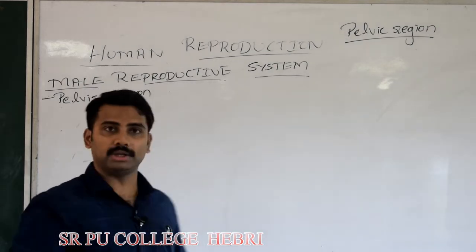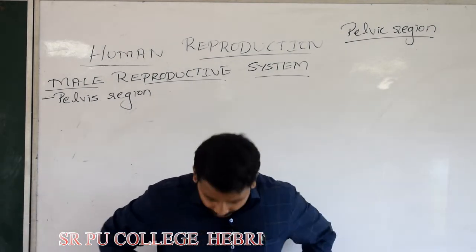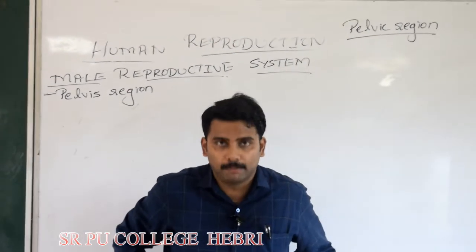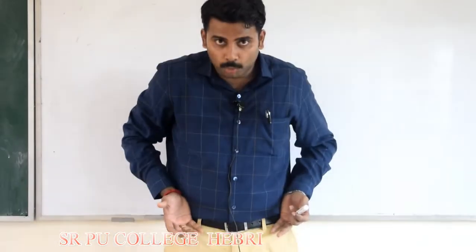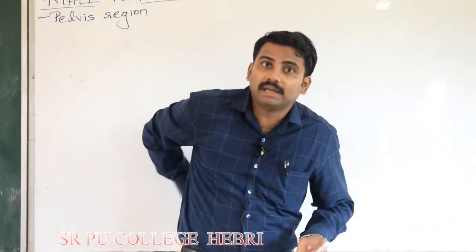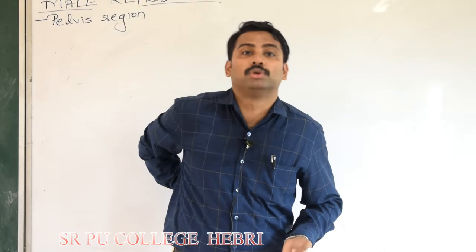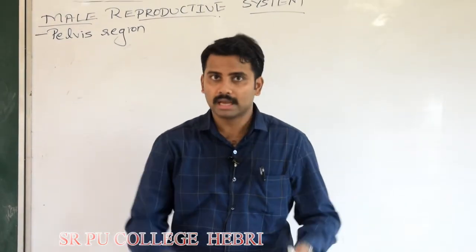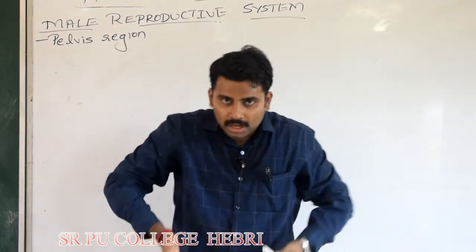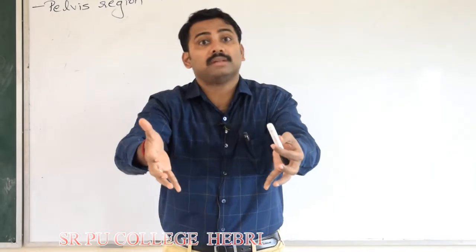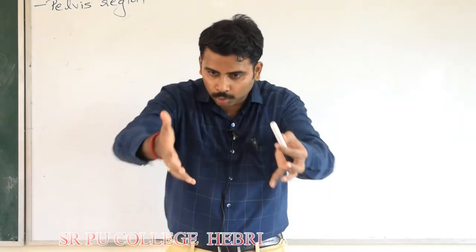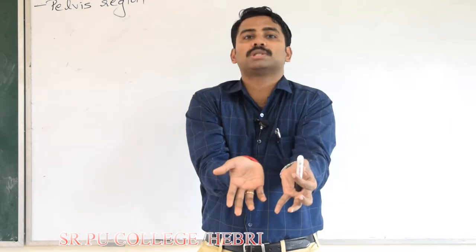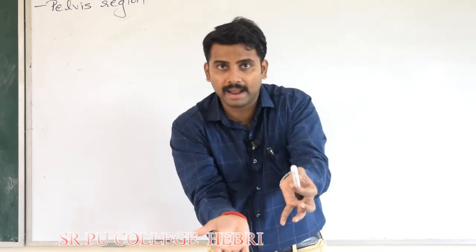What is the pelvic region? Hope you know that our pelvic girdle bone is the coxal bone; two coxal bones are there. Along with that, on the vertebral column, the last two bones are the sacrum and the coccyx. Just assume the two coxal bones form a basin-like structure.